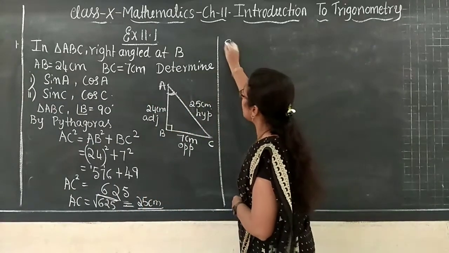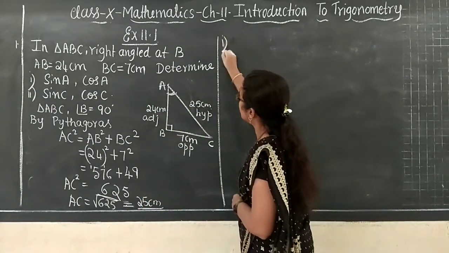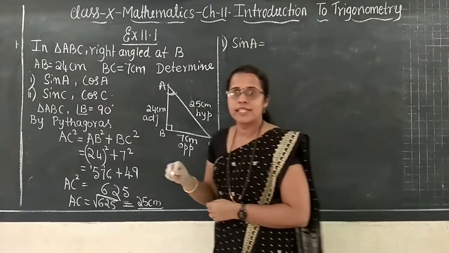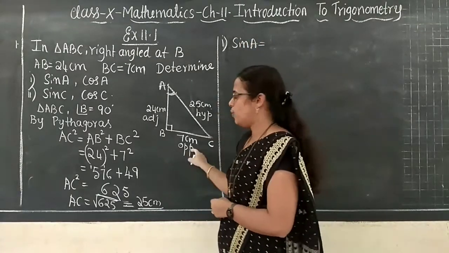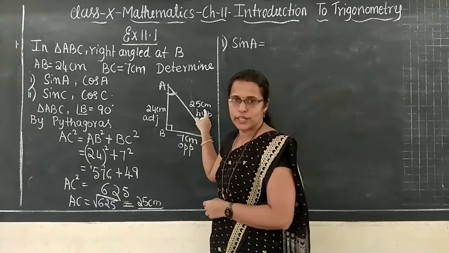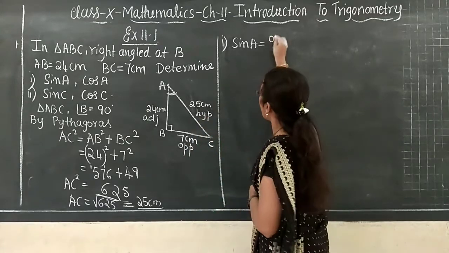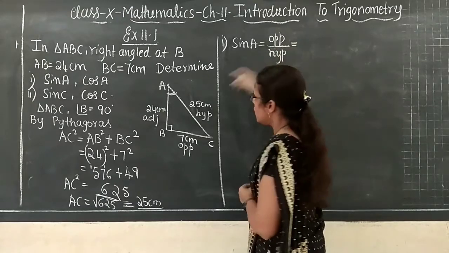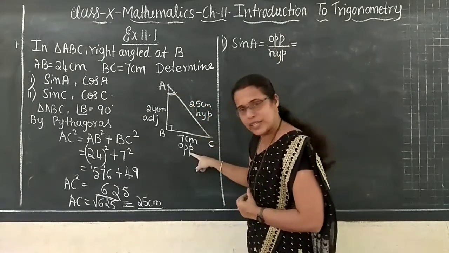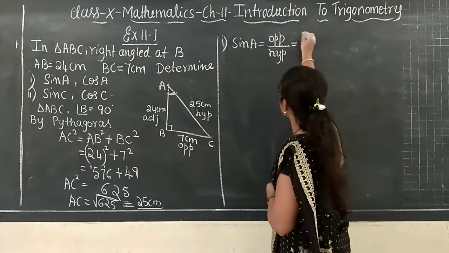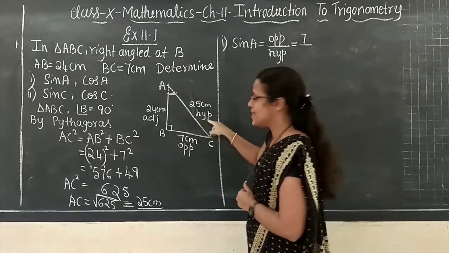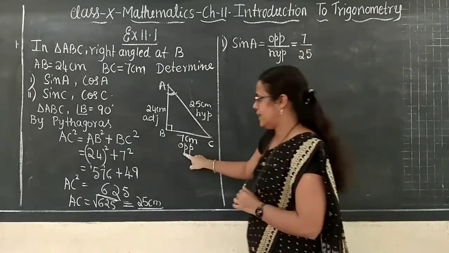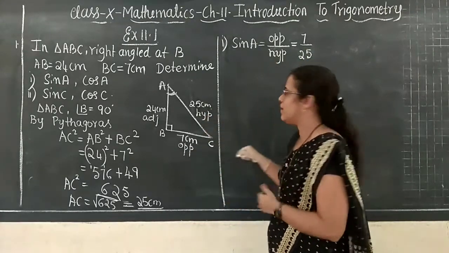So the first question we have to answer is sine A. Sine A means what is the formula? Sine A is equal to opposite by hypotenuse. Opposite which one, children? 7. Hypotenuse how much? 25. So opposite is 7, hypotenuse is 25.